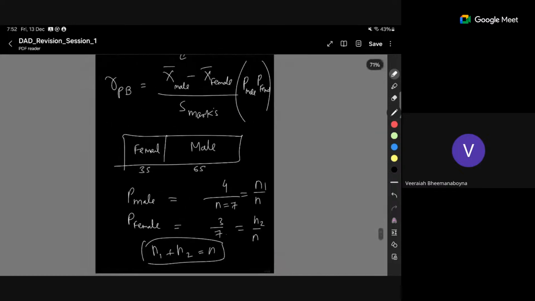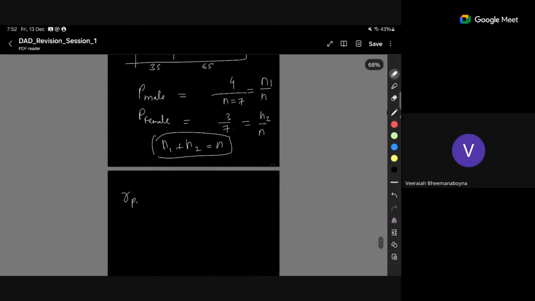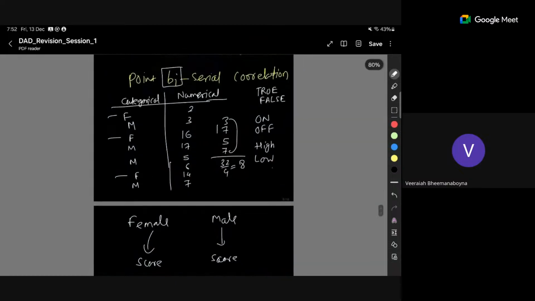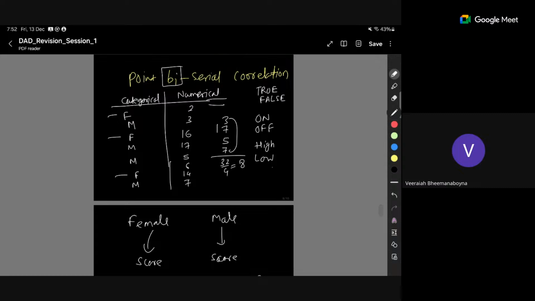So I'll put into the equation 8, right? X mean of male, then the mean of female. I'll find it of this value, but I'm also considering which category I'm looking at. So I'll find it for females only, the mean of these values related to the females, which is 2, then 16, then 14, which is 20, 32 by 3.